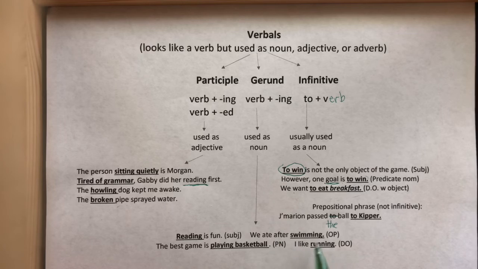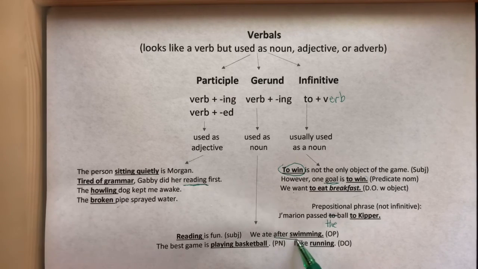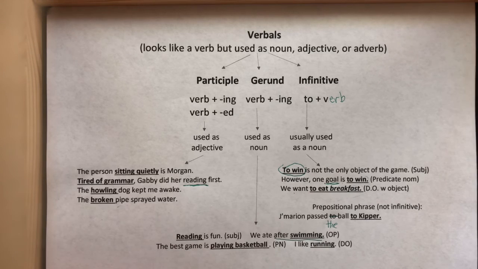We ate after swimming. This is the object of a preposition. Here's the prepositional phrase, after swimming. After what? After swimming. Next, the best game is playing basketball. Now, this is kind of like these others that had an object with them.